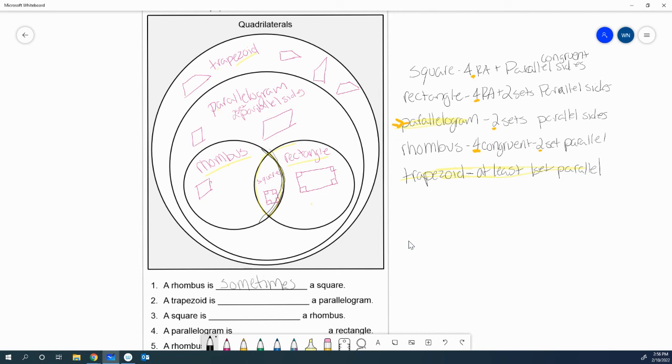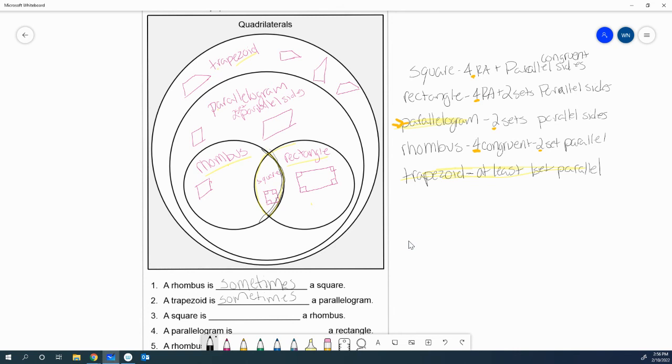A trapezoid is blank a parallelogram. For this one, I hope you chose sometimes, because a trapezoid can have 2 sets of parallel sides, so it's sometimes a parallelogram. Number 3, a square is blank a rhombus.